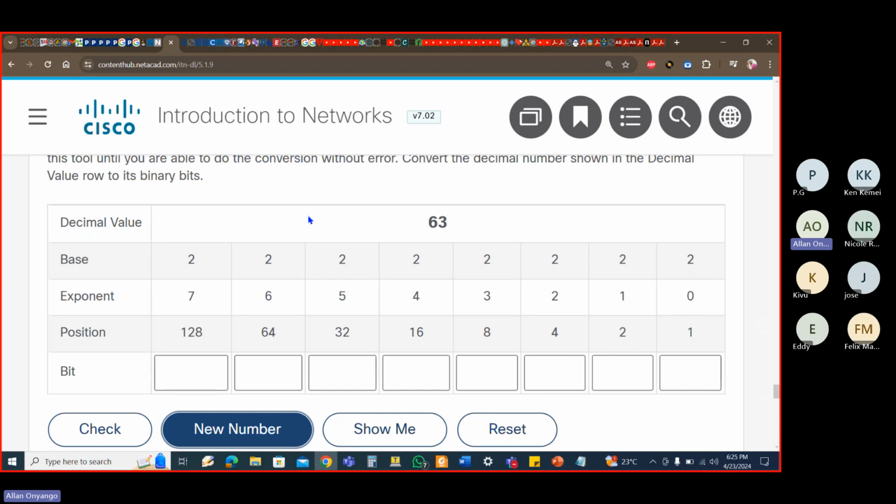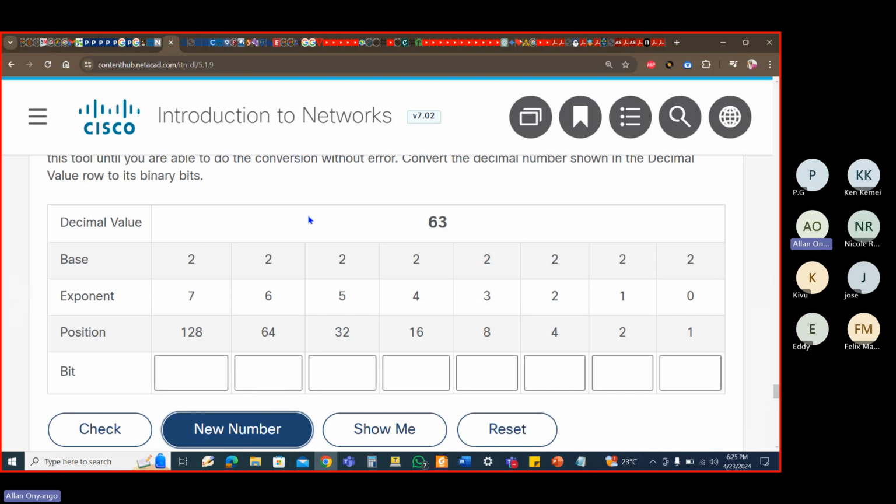I forgot to tell you something. We added 1 plus 2 is 3, isn't it? 3 plus 4 is 7. Now listen to this. When you add like this, you always get the next number minus 1. 1 plus 2 is 3, and 3 is 4 minus 1. 3 plus 4 is 7, and 7 is 8 minus 1. 7 plus 8 is 15, and 15 is 16 minus 1. So if you see 63, it refers to 64 minus 1.